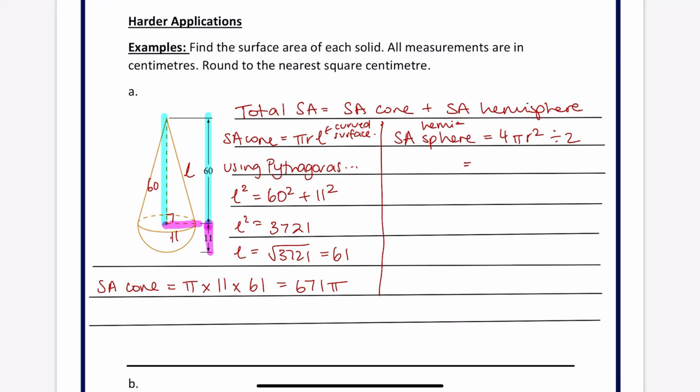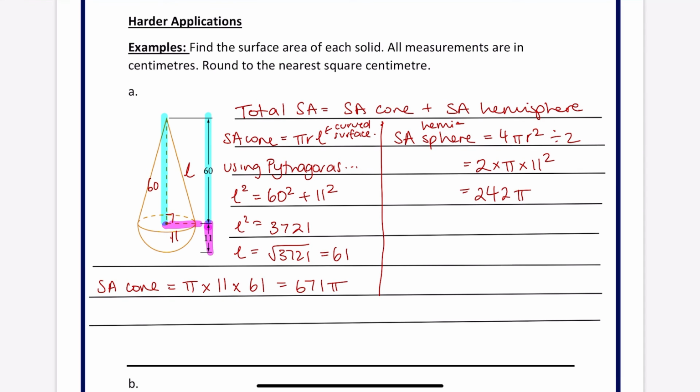So 4 divided by 2 is just 2. It's going to be 2 times pi times our radius, 11 squared. Okay, let's leave this in exact form. So 11 squared is 121. We're going to times that by 2. That's going to be 242 pi.